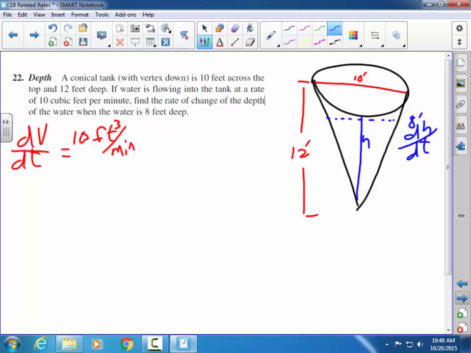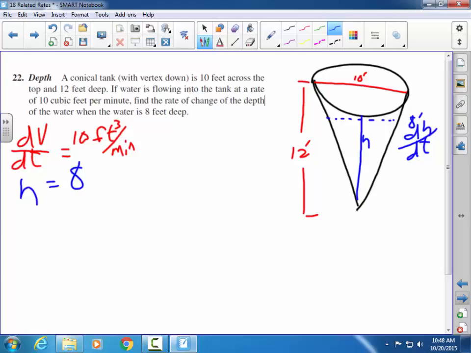Is dH dt different there than it would be down here at 4 feet? Do you think if we did this problem at 4 feet, would dH over dt be a different number? Yes. And at 2 feet, it'd be a different number. So it's always going to be a different number. So we need to know something about H. We know when H is 8 is what we've got over here.